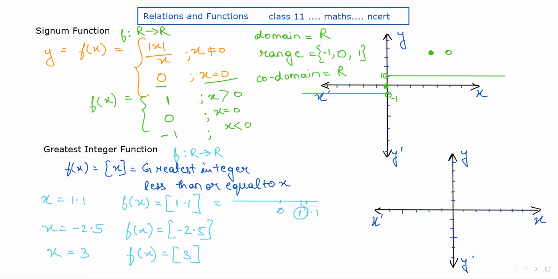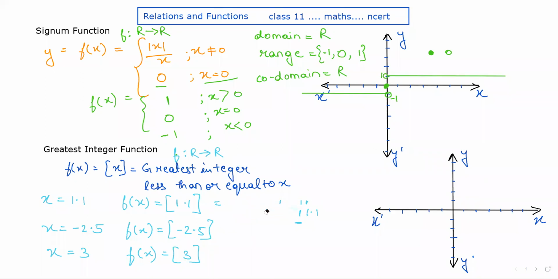On the number line, it will be 0, 1, -1, -2. All these are integers. Amongst these integers, you have to choose the greatest integer less than or equal to x. So among these integers, 1 is your greatest integer. Hence, box of 1.1 will be equal to 1.